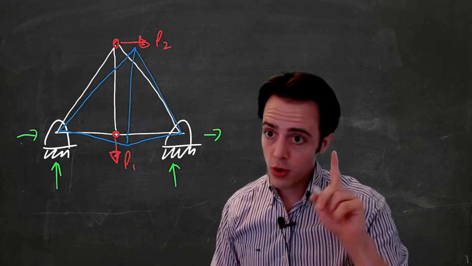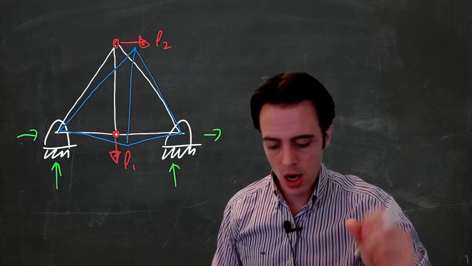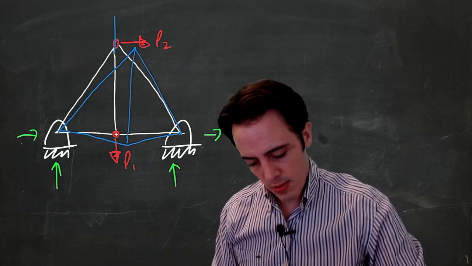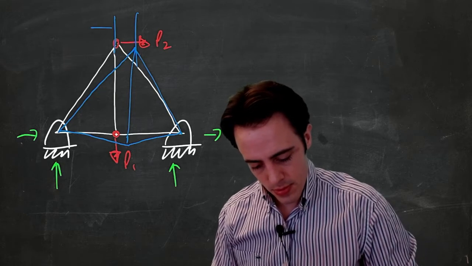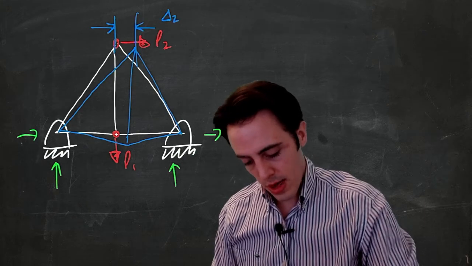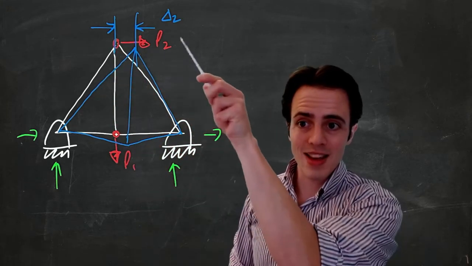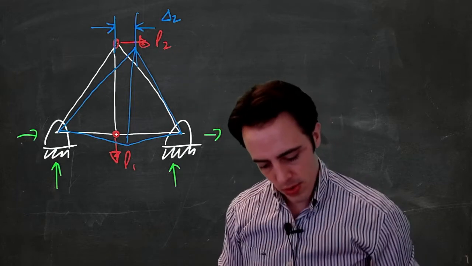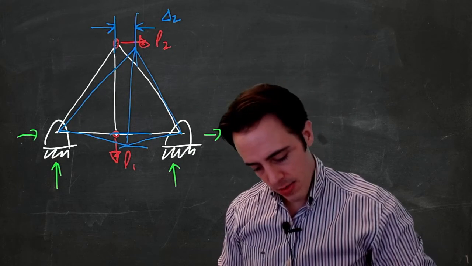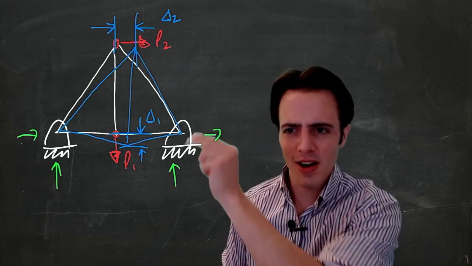So we've got two displacements here that are associated with virtual external work. So we've got this displacement here. Let's call this delta 2, and that's the horizontal displacement of this node. So it's the displacement in the same line of action of that force. And then we've got this second displacement here. Or really, this should be first and second, doesn't matter.